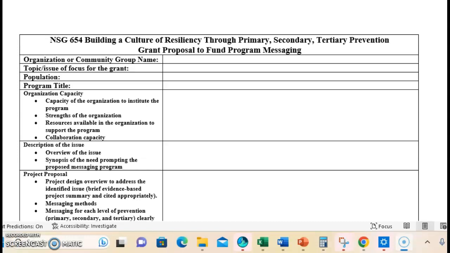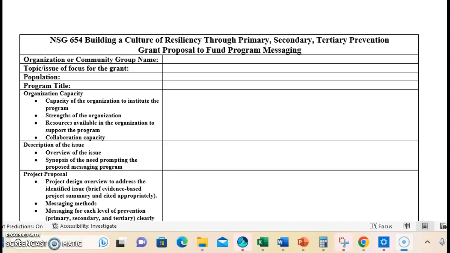Note that your health messaging should be focused on the 3 levels of prevention for the selected program centered on the health issue or population. A good example is within the instructions, which states the program could perhaps encompass a mobile clinic addressing sexually transmitted infections for young adults in rural areas.